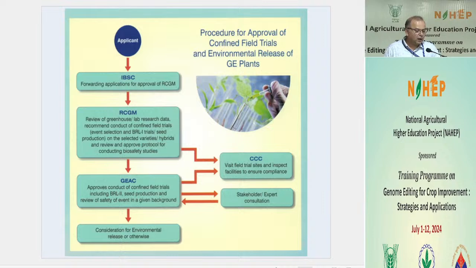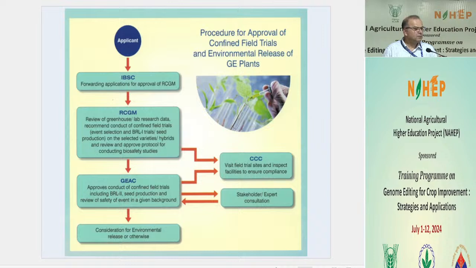So the procedure seemed to be very lengthy, a rigorous exercise required of the scientists. And most of the time, since it involves several steps of approval process, scientists were not very comfortable pursuing those steps, because they are scientists, they would not be very good at following up or pursuing these steps.